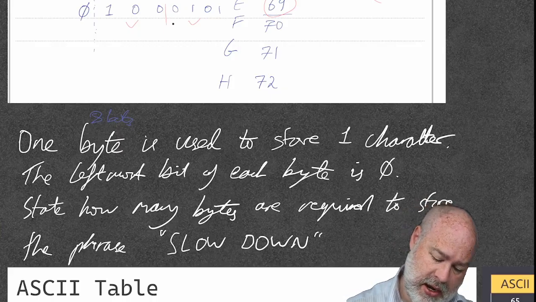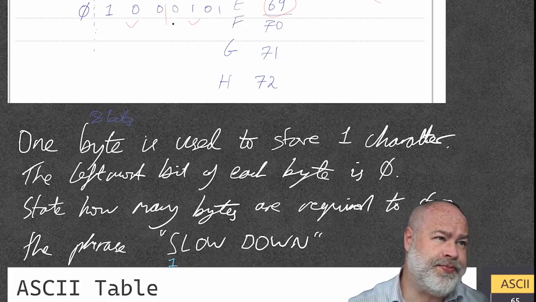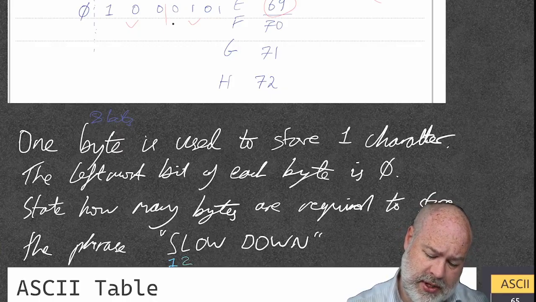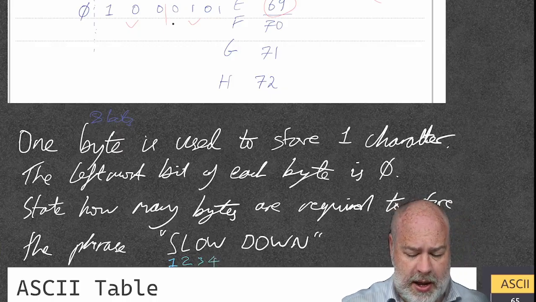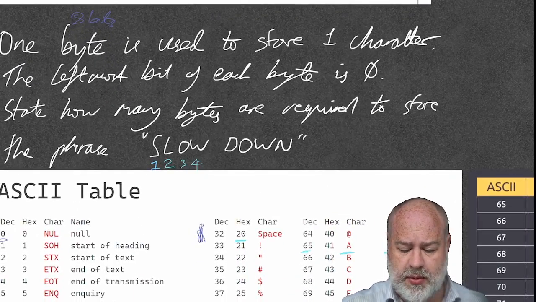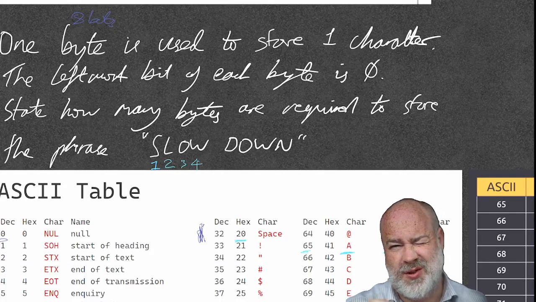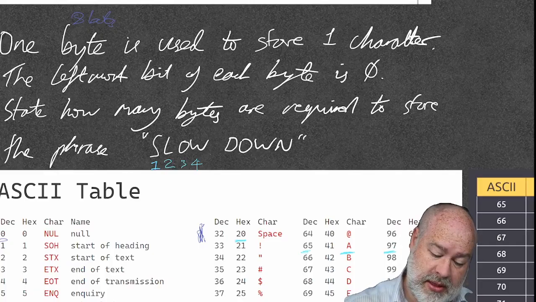Okay, so we need 1 byte here to store the S, the capital S. We need another one to store capital L, another one to store the O, and another one to store the W. Now, what a student might do is say we just need 8 bytes, which would be wrong, because the space is its own character.